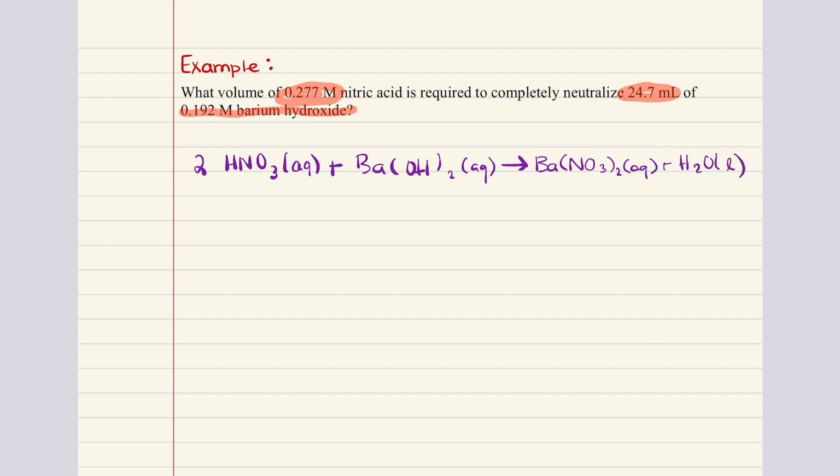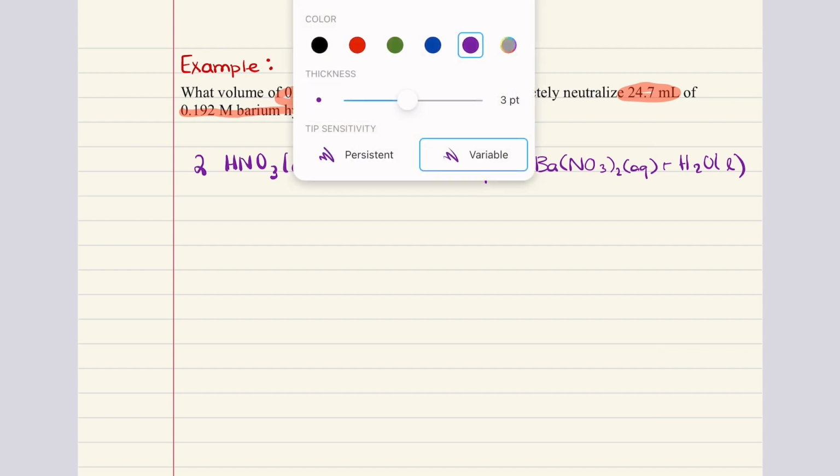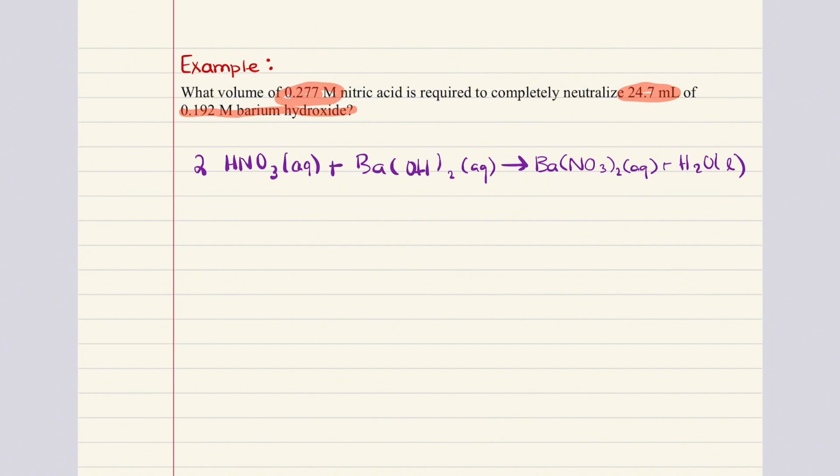Now that we have this, let's start to think about the information we were given in the problem, because they gave us some good information. They told us the molarity of the acid, it's 0.277 molar, and they also gave us the molarity of barium hydroxide as well as the volume. So they said 0.192 molar, and we have 24.7 milliliters.